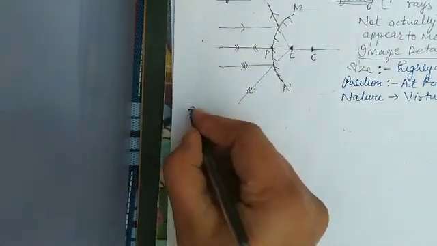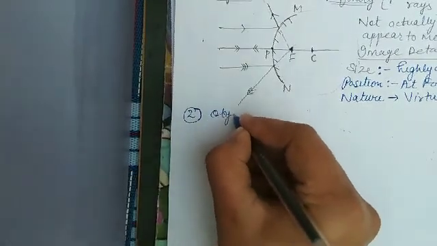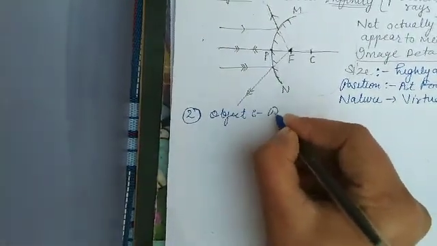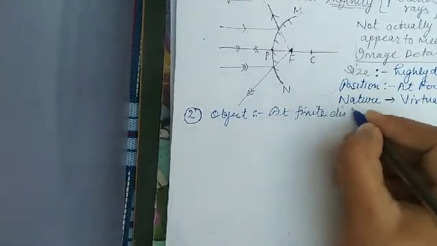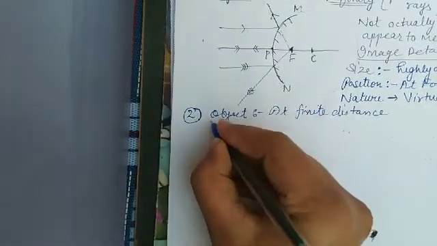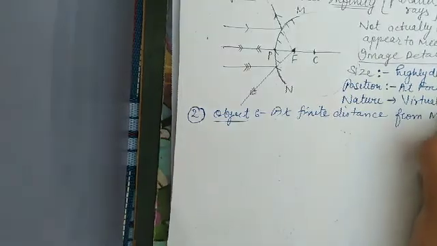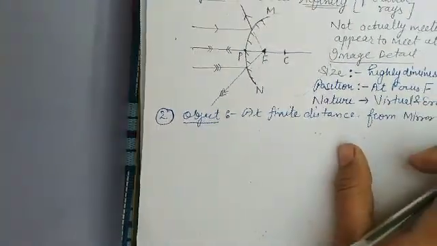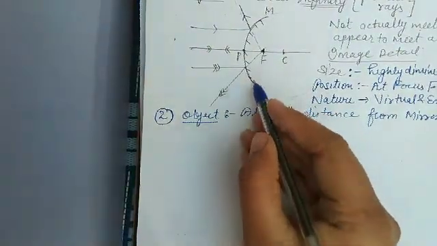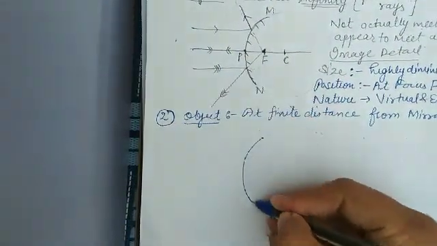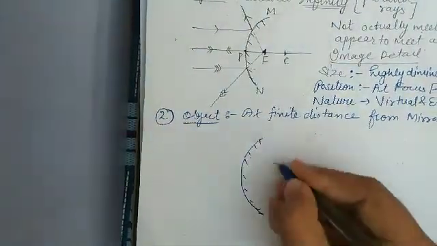Second case, that is when the object is not located at infinity, it means the object is located at a finite distance. Where have we located the object? At a finite distance from the mirror. It is at a fixed distance from the mirror. Again I have to draw the convex mirror in a similar manner so as to keep its polished layer towards the right.